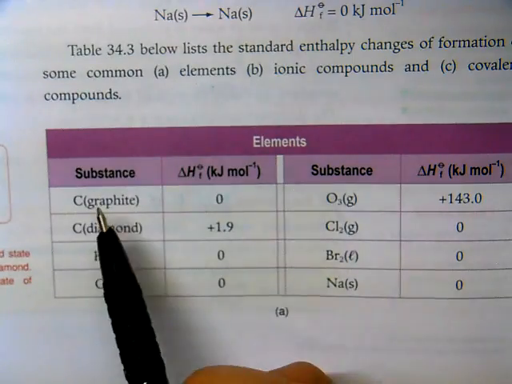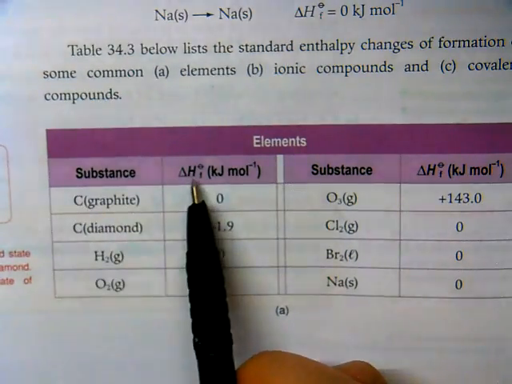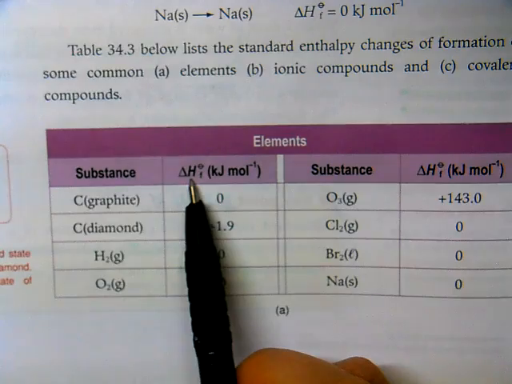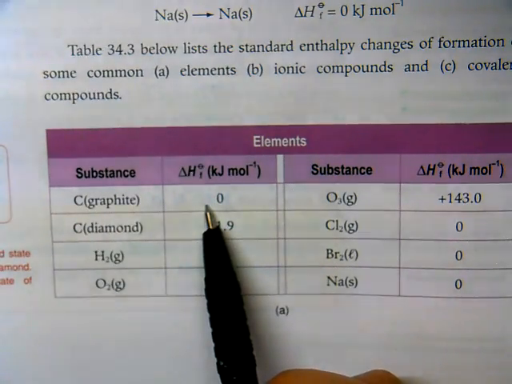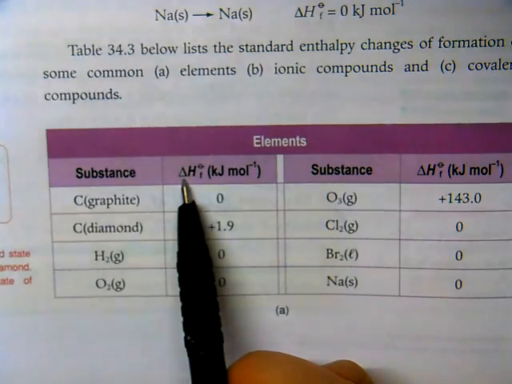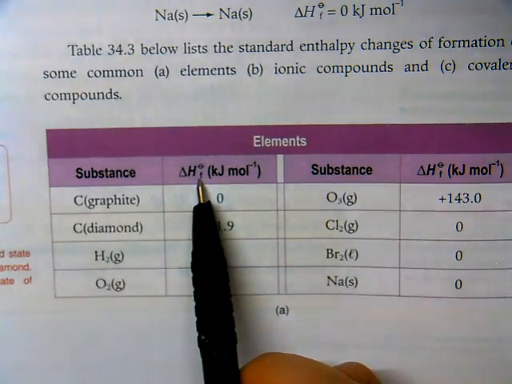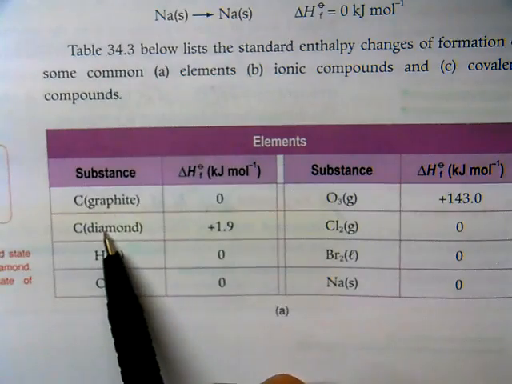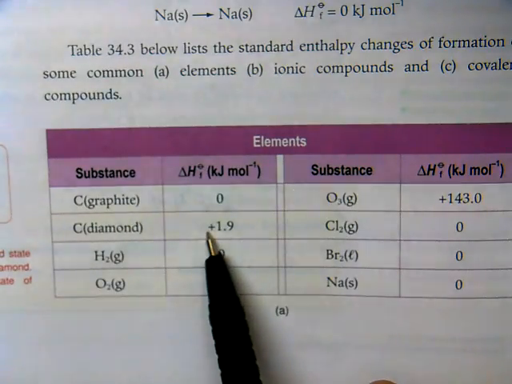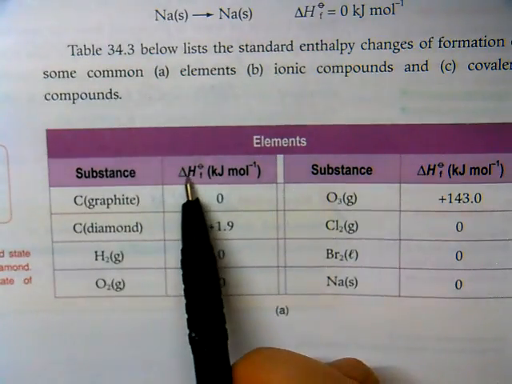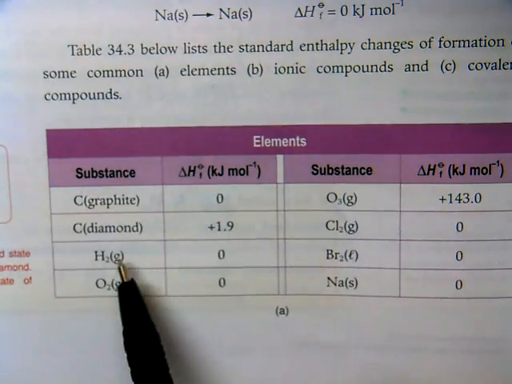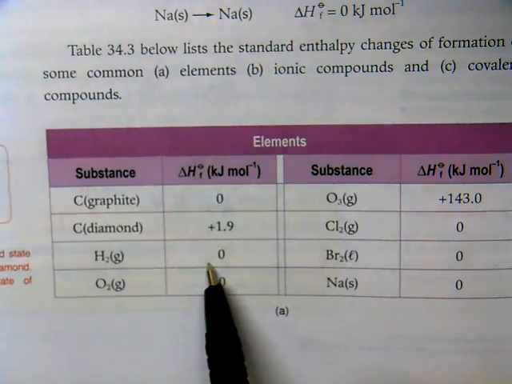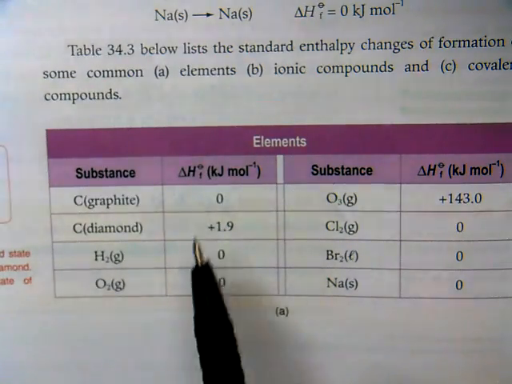Let's look at this table. The standard enthalpy change of formation of graphite is 0. The standard enthalpy change of formation of diamond is not equal to 0. The standard enthalpy change of formation of hydrogen is equal to 0 because hydrogen is an element.